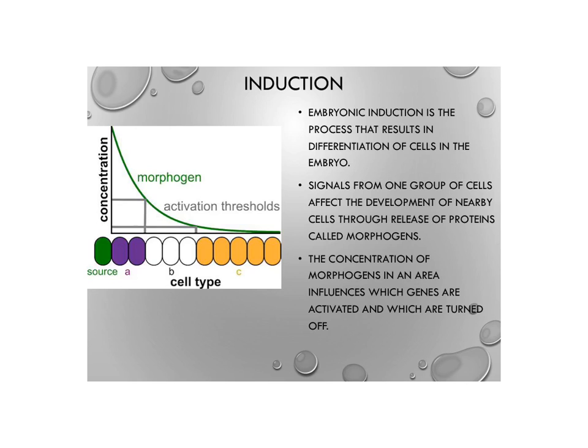As the concentration of morphogen decreases, we get differentiation of different kinds of cells. So for instance, here we have the source of the morphogen. The morphogen will be highest right near the source. So these first two cells become one type of cell because they're in high concentration of the morphogen signal molecule.